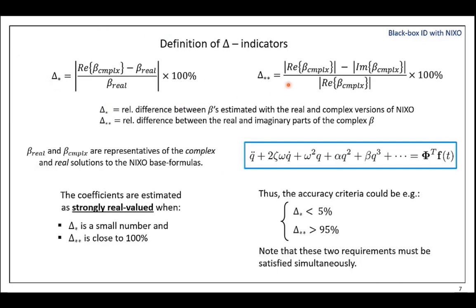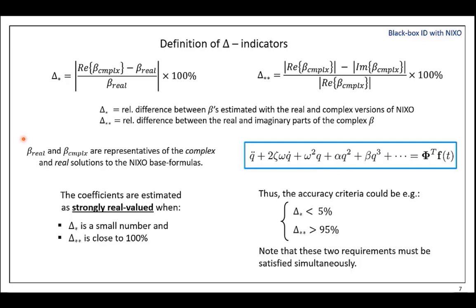I hope that you still keep in mind that there are two versions of NIXO. The first one estimates the nonlinear parameters as complex numbers, and the other one enforces them to be found as real. These two solution types are represented here respectively with the beta complex and beta real coefficients.